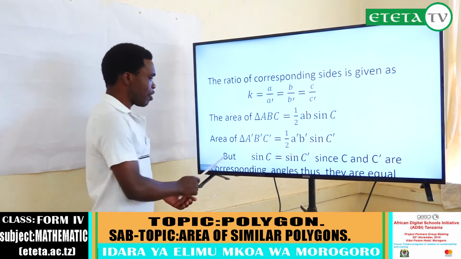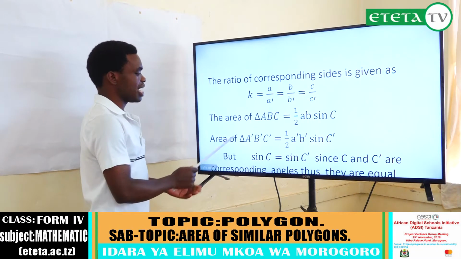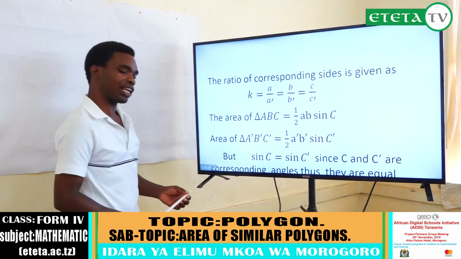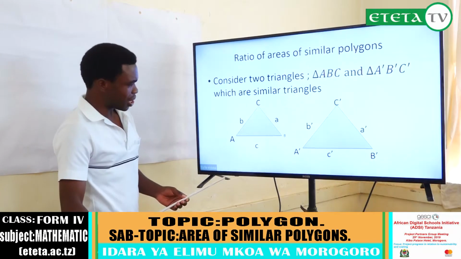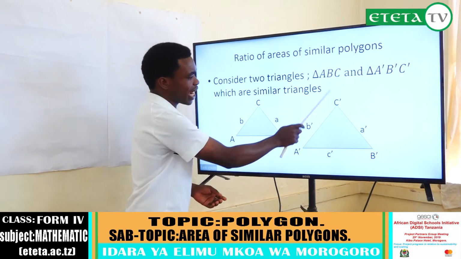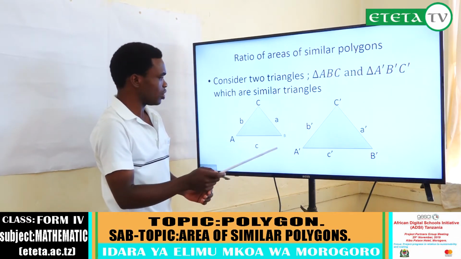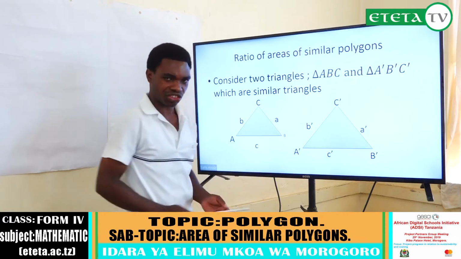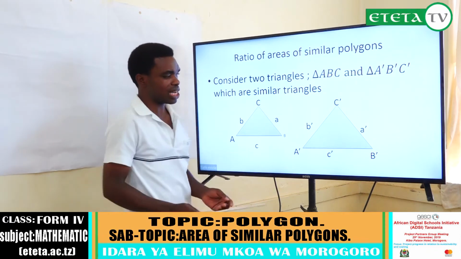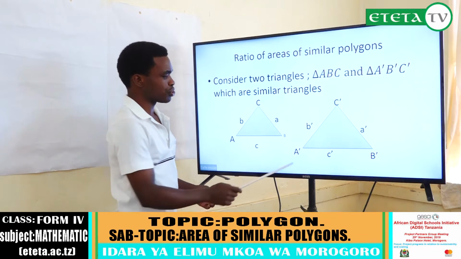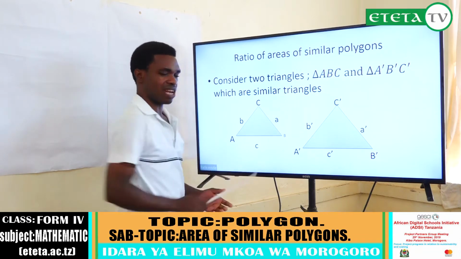Similarly, for the other triangle, triangle A dash B dash C dash, we can also use the angle corresponding to C, which is C dash. If we decide to use this one, we also have to use sides a dash and b dash.